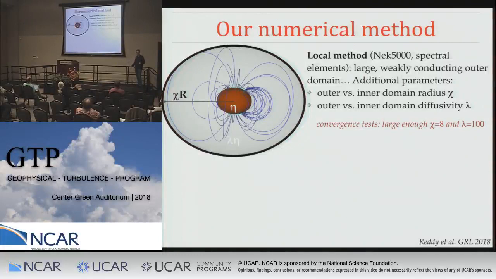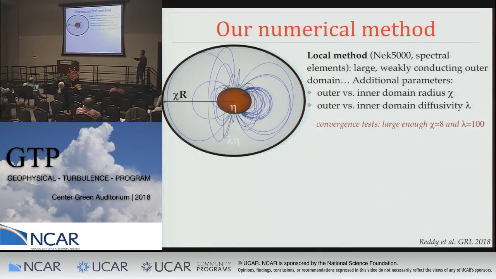So we cannot simply, as is classically done in numerical simulation in a sphere, connect our field with an outside non-conducting domain. Also, Nek5000 is not well suited to have ideal boundary conditions for the magnetic field.